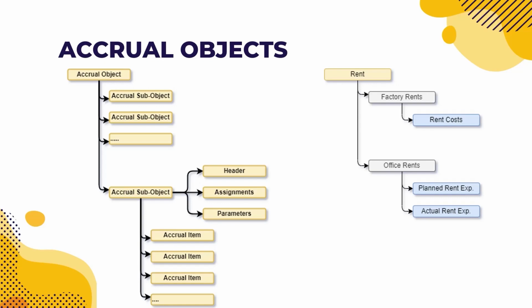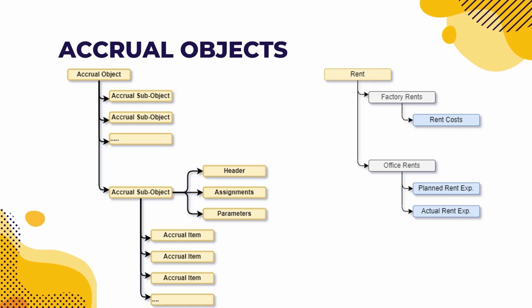For example, if we take a case of rental accruals that you want to post, then you are going to create an accrual object called rent. Under this rent, there can be various sub-objects, like factory rent or office rent, etc. Under the accrual sub-object is where the actual accrual data is stored. In the case of manual accruals, please understand that there is not much difference between the accrual object and the accrual sub-object. Both will perform the same functionality.